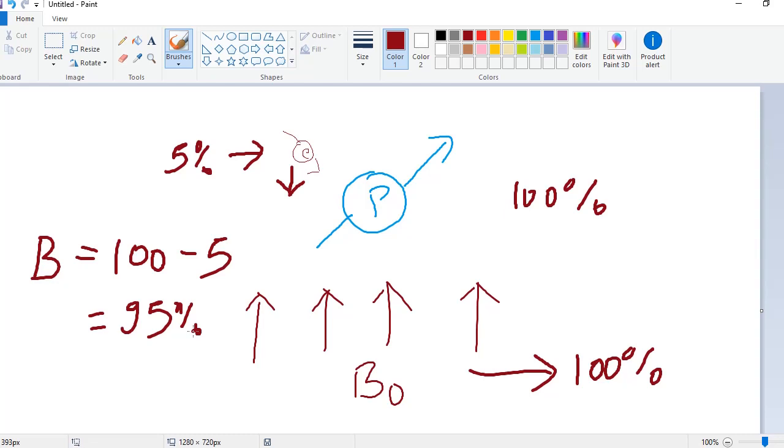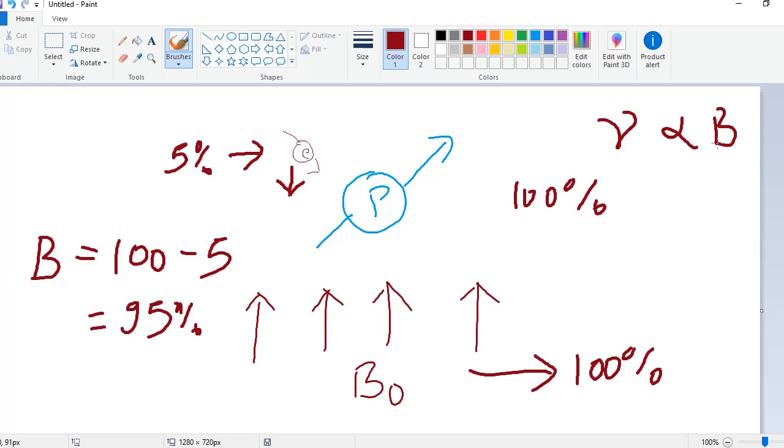Therefore the precessional frequency experienced by the proton is lesser than what it would have been in the absence of the electron, because frequency is directly proportional to the applied magnetic field. Here the experienced magnetic field is lesser, so the precessional frequency associated with the proton in the presence of the electron is lesser. This electron is actually shielding the incoming magnetic field.